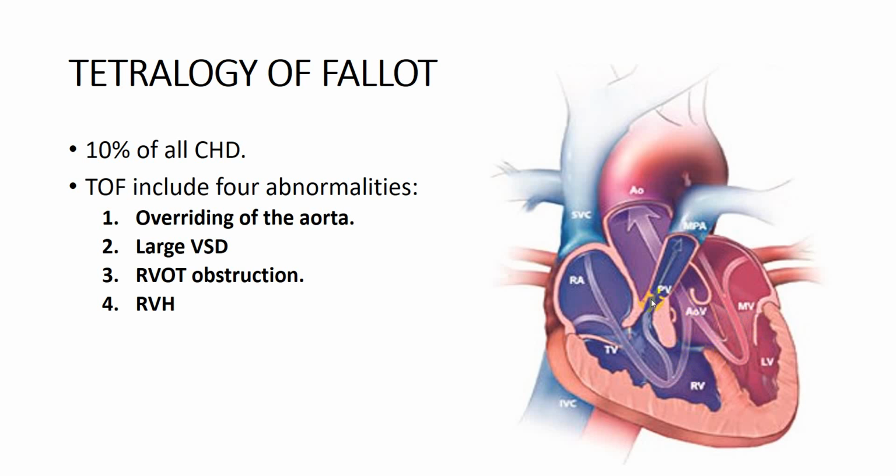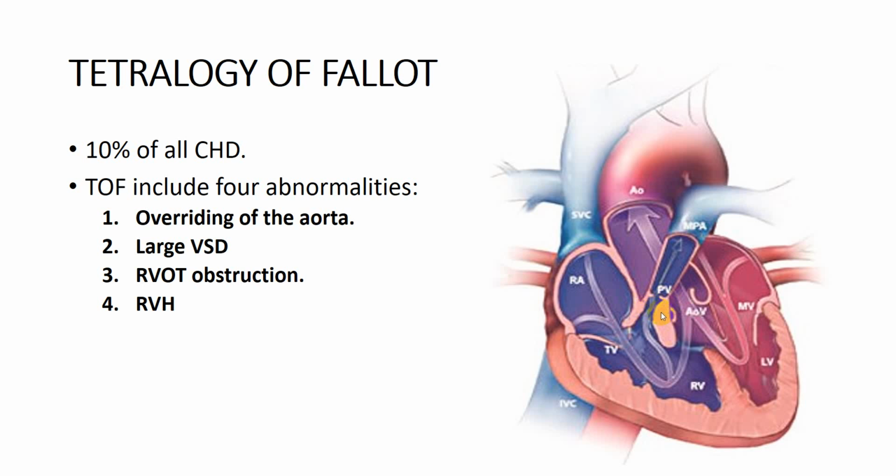So the degree of cyanosis and the degree of right to left shunt depend on the severity of right ventricular outflow obstruction, the severity of pulmonary stenosis.